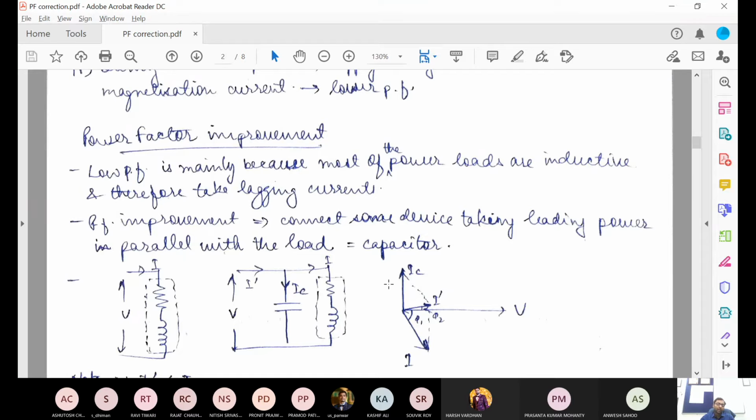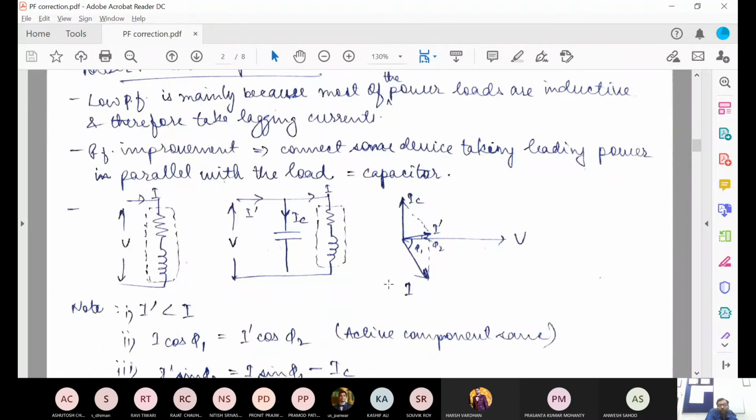The advantage with these advanced devices is that they have flexibility in terms of how much reactive power you can supply, and if needed, you can change the nature of the reactive power. Instead of supplying capacitive power, you can change the settings to supply inductive power from the same device. So greater flexibility is possible.